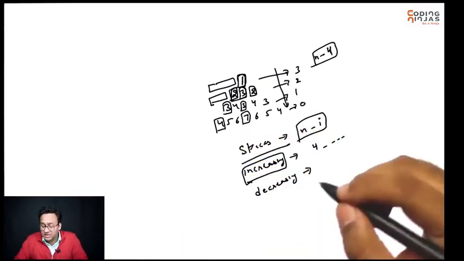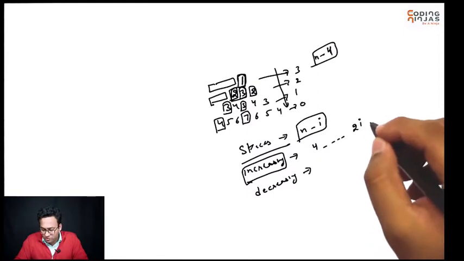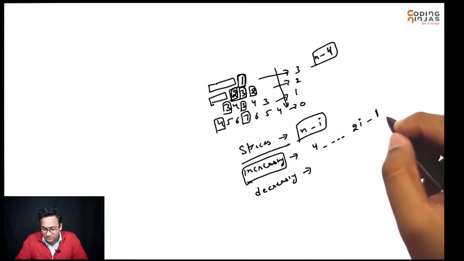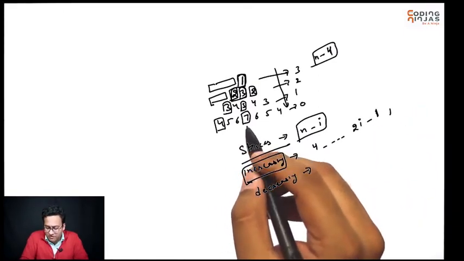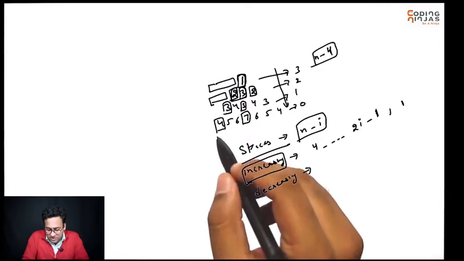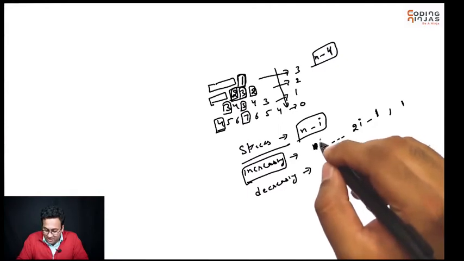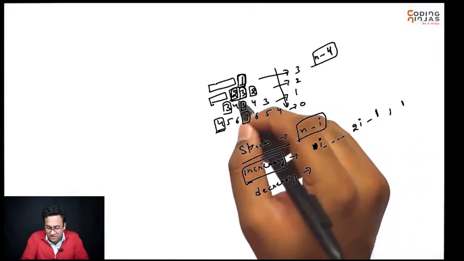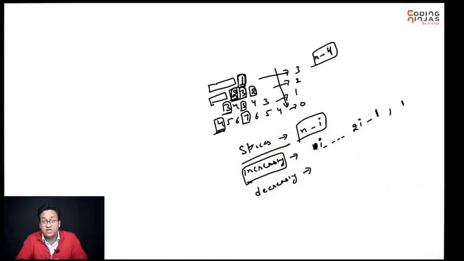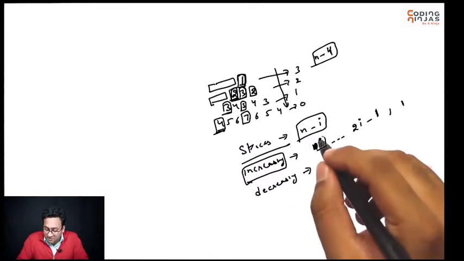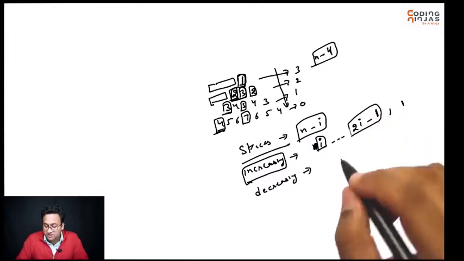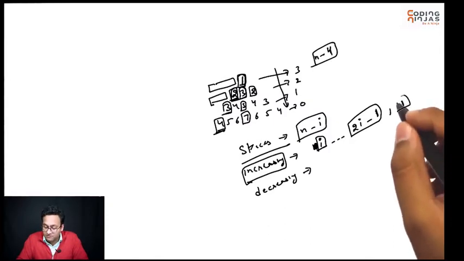So if you look closely, you have to go till 2i minus 1, and you are increasing by 1, right? So it's starting from i going till 2i minus 1 with increments of 1.